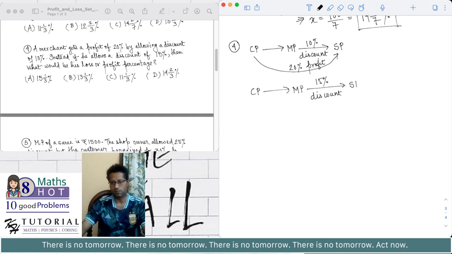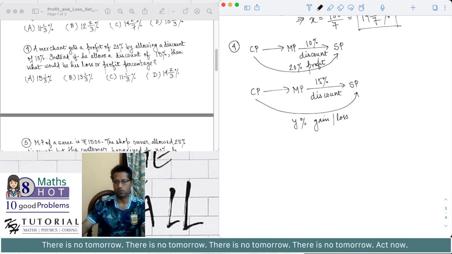So there will be some selling price based on the discount, and we have to find whether there is a loss or gain, and what is that loss or profit percent. So let's say in the second case, there is a y percent gain, or loss. We don't know. We have to find that.